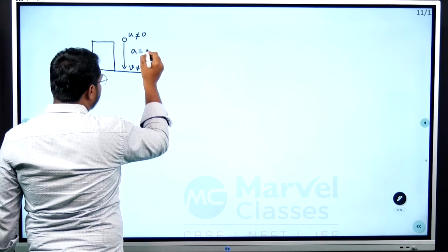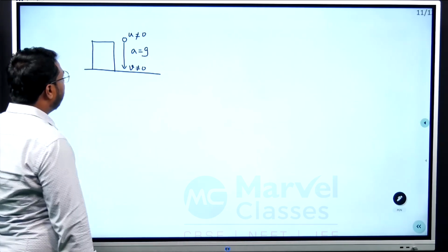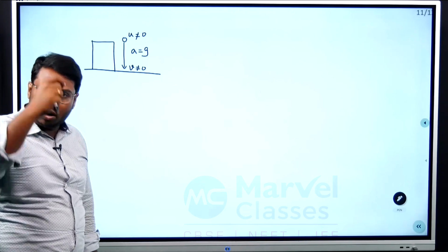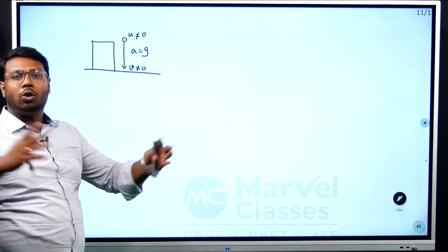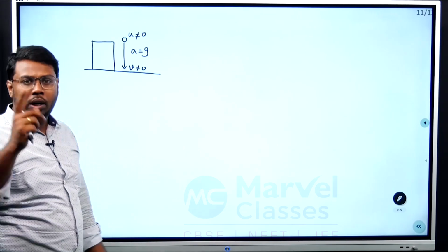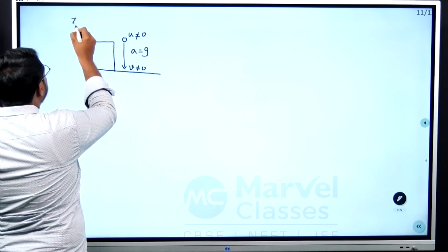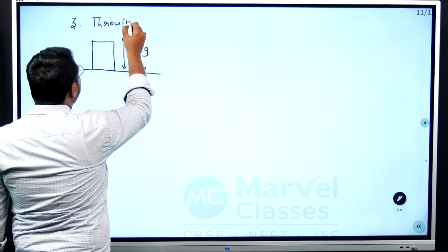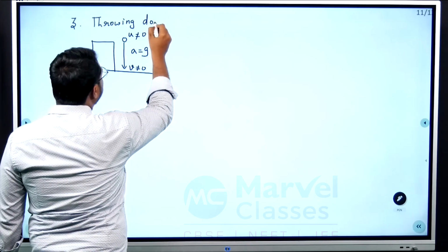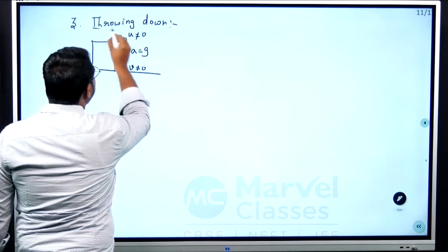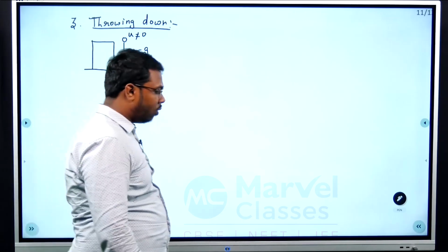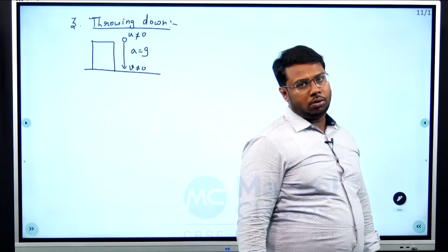Your acceleration is to be taken as g, because your velocity is pointing down, your displacement is pointing down, and your acceleration is pointing down. So all the quantities are going to take only the positive sign. This is throwing down. This is another way of assuming things.